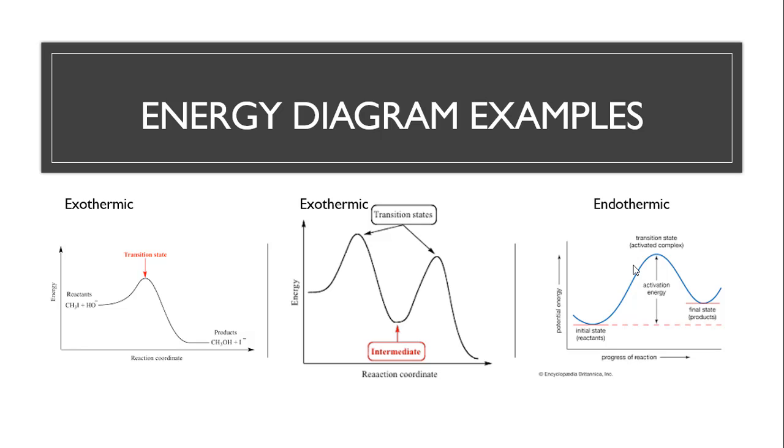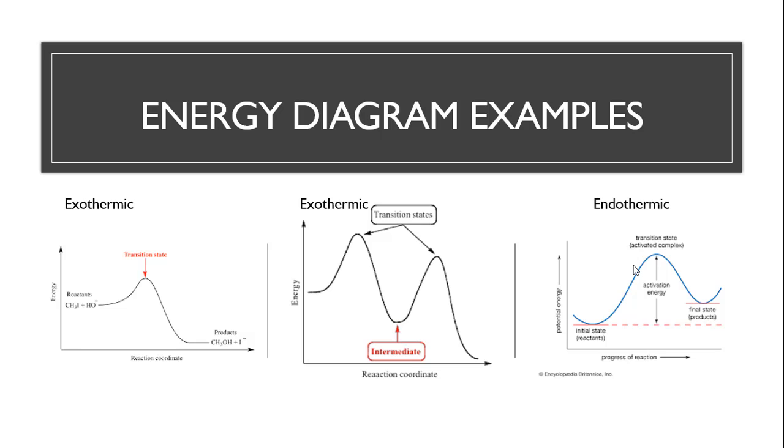So the reactants are on the left, and we can see that they're about at the middle for the energy level, and then we follow the curve, and the transition state is the very peak of that curve, and at the end, at the bottom, the curve ends almost at zero, and we see that the products have a lower energy, so this makes it exothermic.